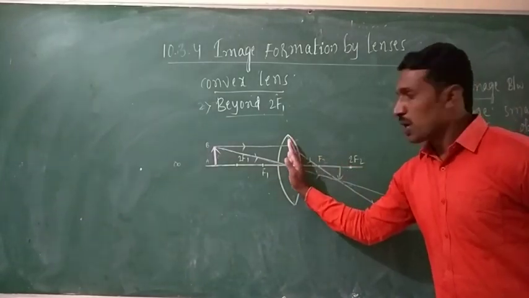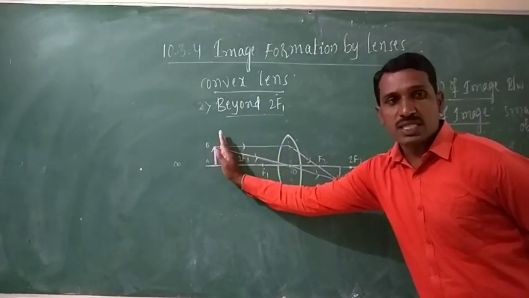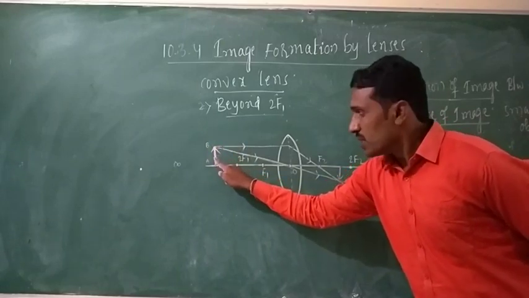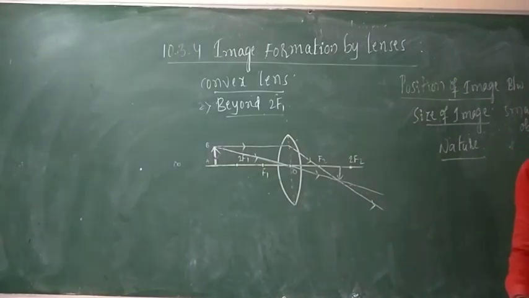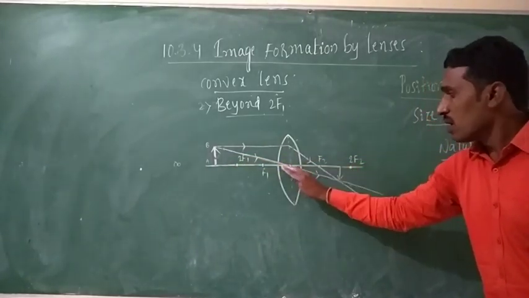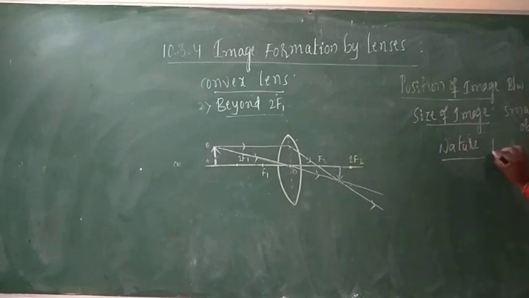If image is formed on other side of the lens, opposite to the side where we kept the object, that image is called real and inverted image. So this image is called as real and inverted image.